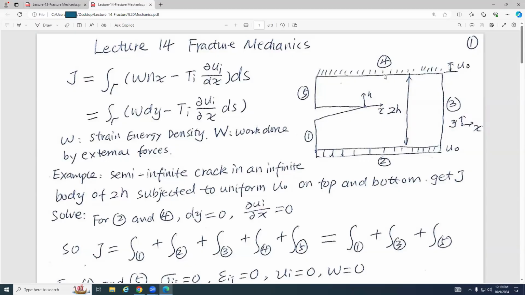And for the displacement ui, the displacement has nothing to do with X. As a result, dui/dx equals 0. This is infinitely long.